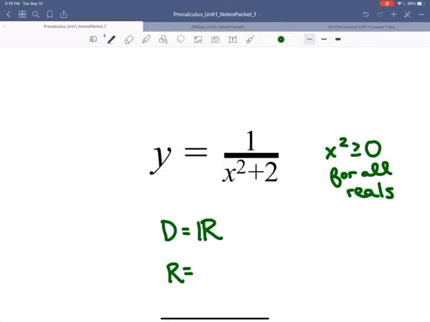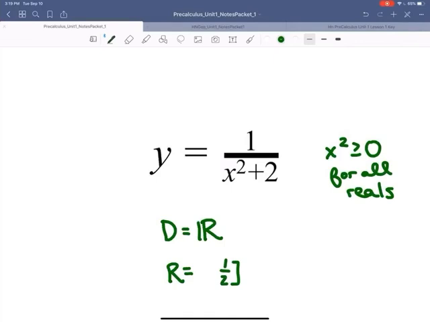That's the biggest output we can possibly get from this function, because if we plug in any number other than 0, the denominator is going to be bigger, and 1 divided by a number bigger than 2 is going to give us an output that is less than 1/2. So we know the largest number we can get is 1/2 when we plug in 0.